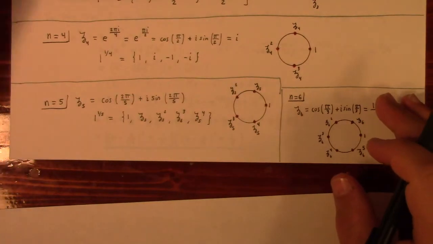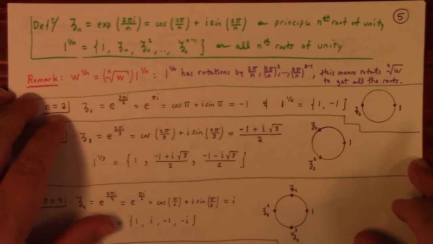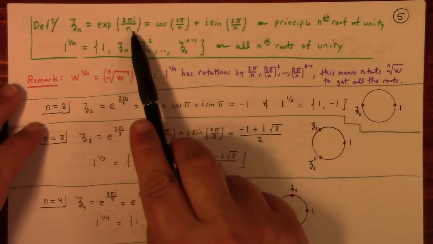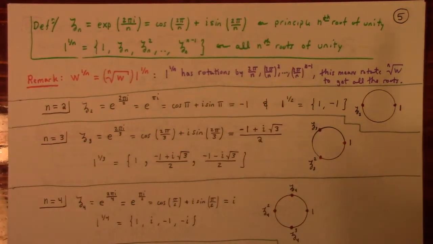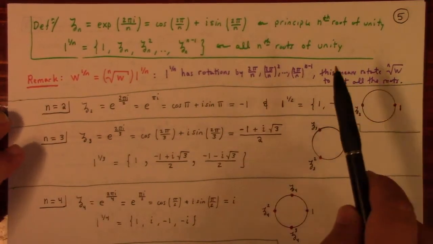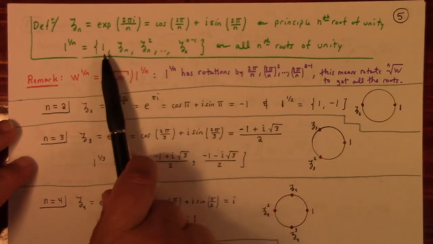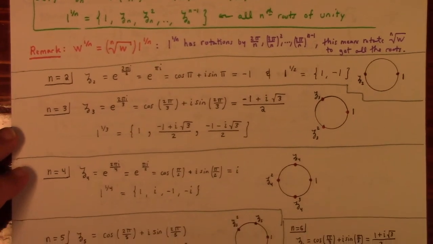Here's a little bit more about those complex roots of unity. As I was just saying, zeta n is e to the 2 pi i over n, which is cosine plus i sine of 2 pi over n. Whereas all the nth roots of unity are 1 to the 1 over n. There are n things in here. And here's what they look like for some specific choices, like n equals 2.